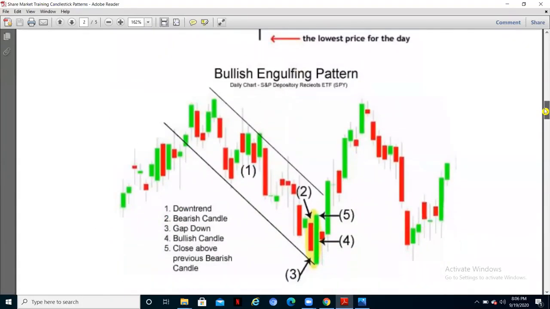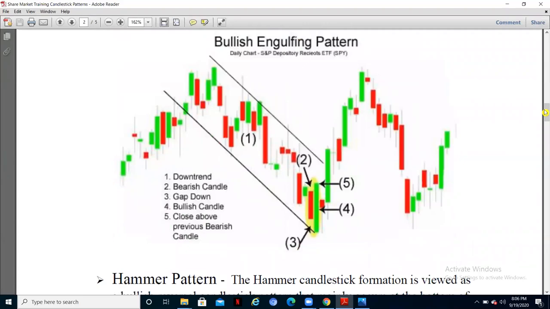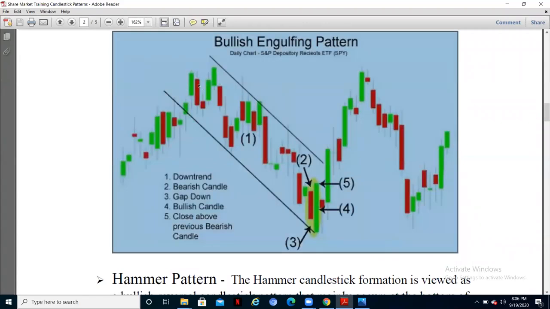You can see the example for bullish engulfing pattern. You can see the stock was behaving in a bearish way. It was declining. So when the stock is declining, we will be selling the stock here. So in your selling trade, if you find a big green candle which has engulfed a small red candle, that is a sign of reversal, which is the bullish engulfing pattern.